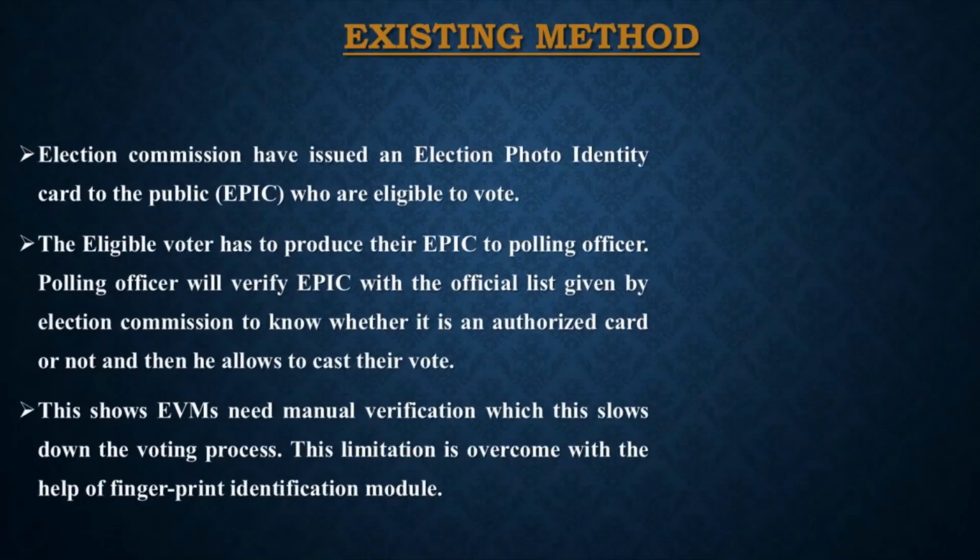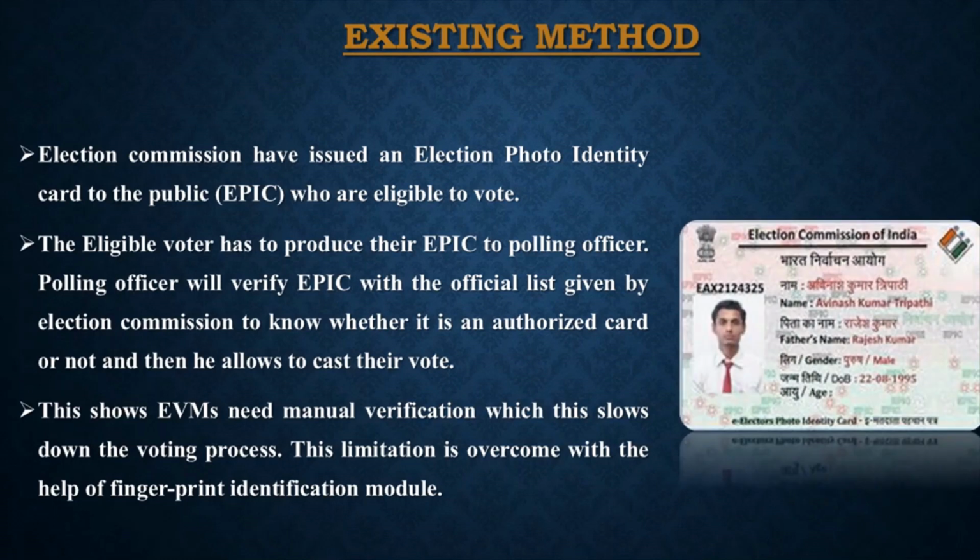Now the existing method we come across is EPIC, also known as Election Photo Identity Card, which is issued by Election Commission to each and every individual who is eligible to vote. The eligible voter has to produce their EPIC to the polling officer.